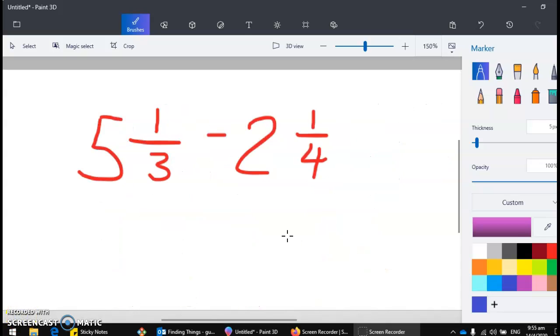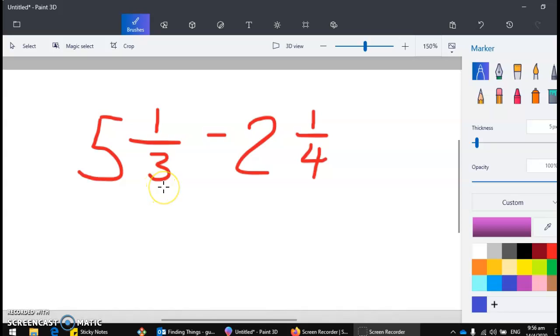Okay, let's go through another example, this time minusing mixed numbers. This is a whole number and a fraction called a mixed number. 5 and 1/3 minus another mixed number, 2 and 1 over 4. Let's start. So let's ignore our whole number first and let's look at our fraction.